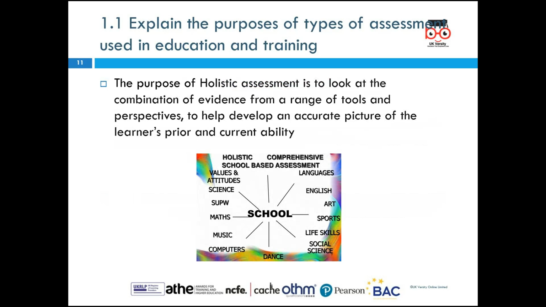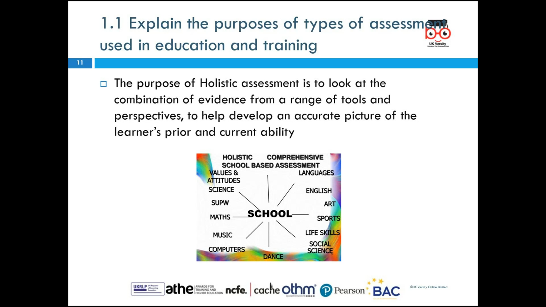So the purpose of holistic assessment is to look at a range of evidence, or a combination of evidence, from different tools and perspectives. So it might not just be you. If we're both working with one child and I've tried to get an assessment and they've only shown that they know about 4 sounds from phonics and they're not able to count to 10 for me, they're just really quiet and not responsive.